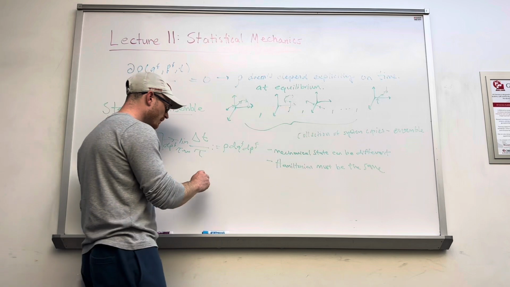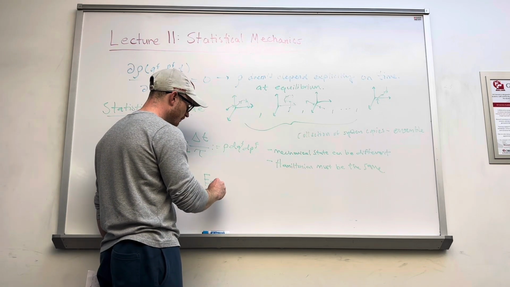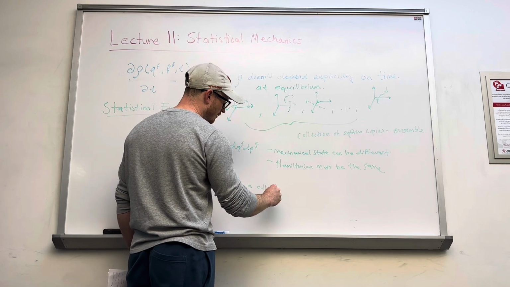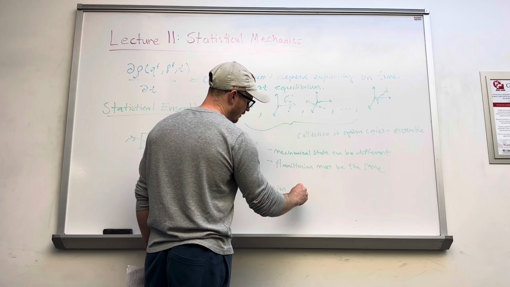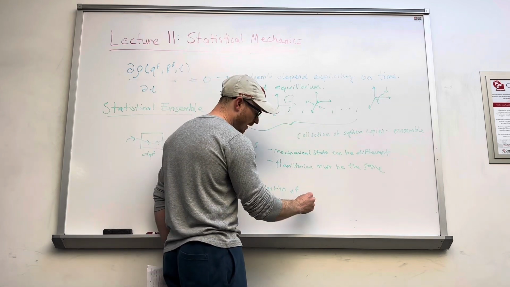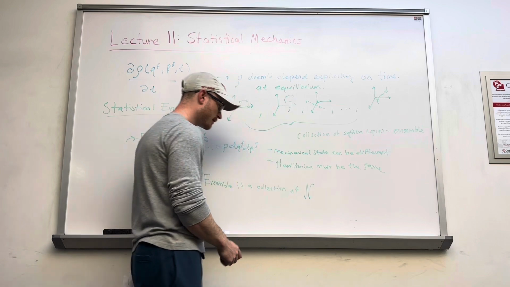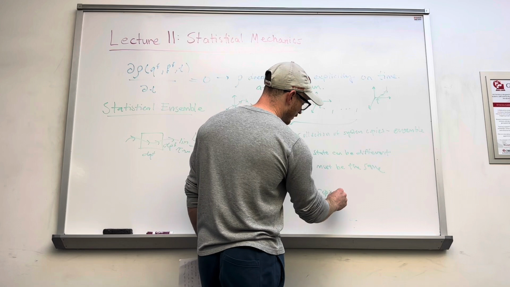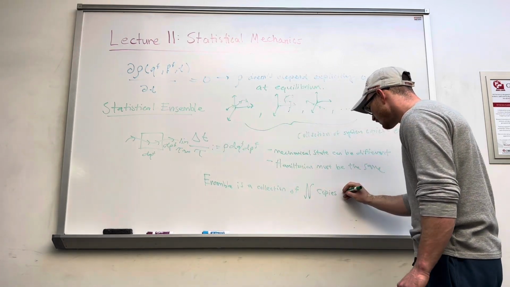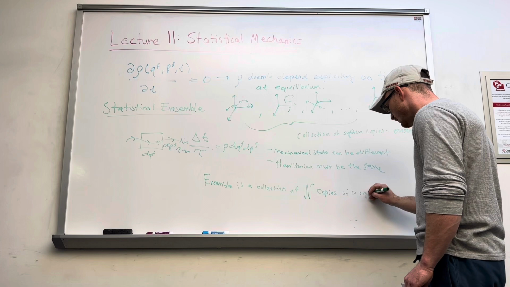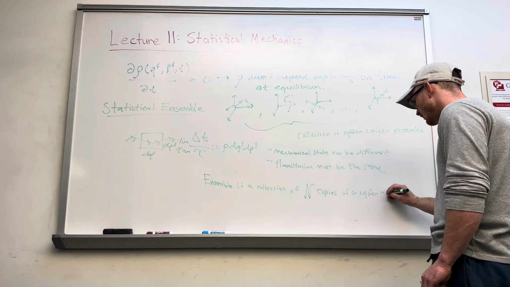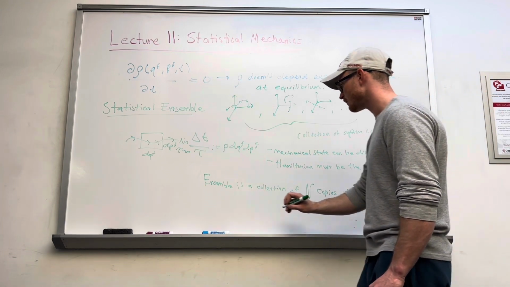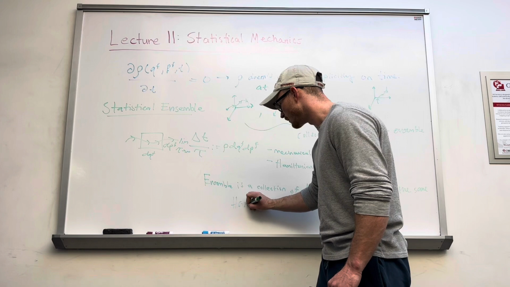So our ensemble is a collection of, and we'll say the number of copies is given by this variable, this curly N. So the ensemble is a collection of N copies of a system with the same Hamiltonian.